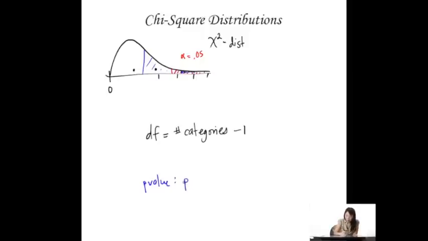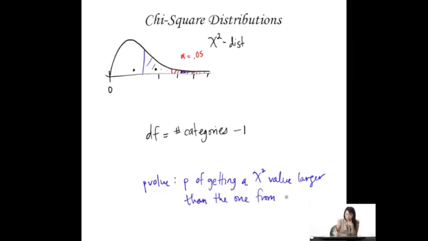Basically, it's going to be the probability of getting a chi-square value larger, more extreme, and in this case, there's only one kind of extreme, positive, larger than the one from our sample, but under a condition.